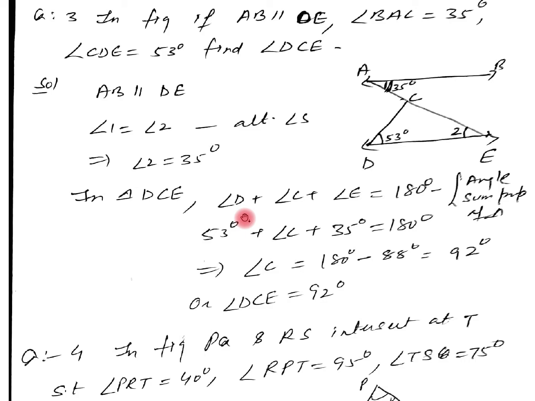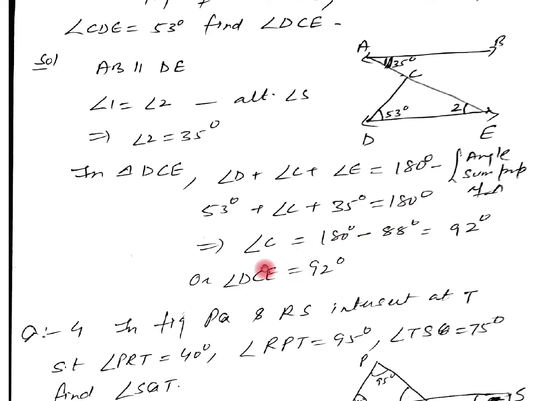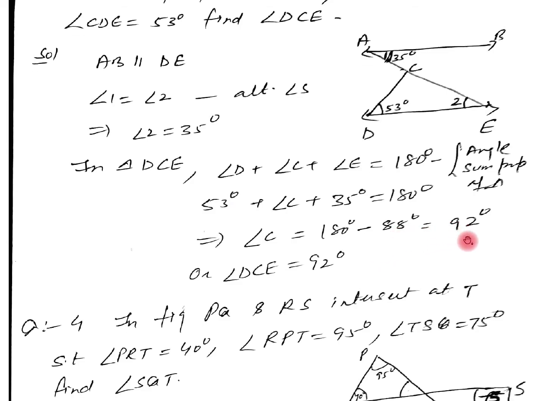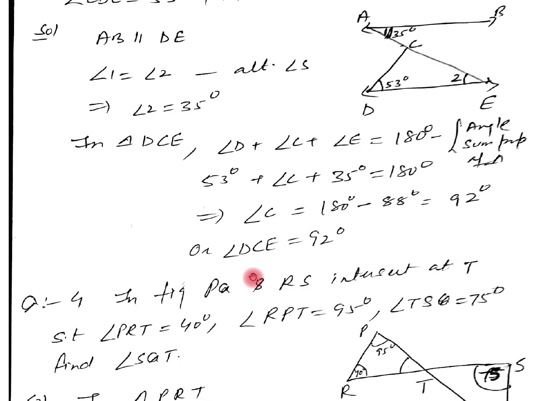Putting the values, angle D is 53 degrees, angle E we have calculated as 35 degrees, plus angle C equals 180 degrees, and simplifying we get angle C equals 180 minus 88, equal to 92 degrees. Only we have to use the concept of parallel lines and the angle sum property of the triangle.